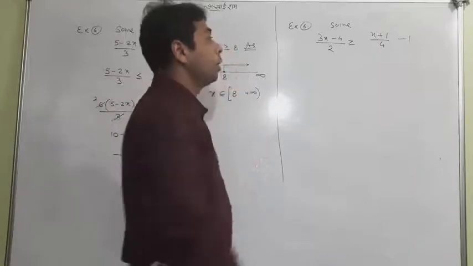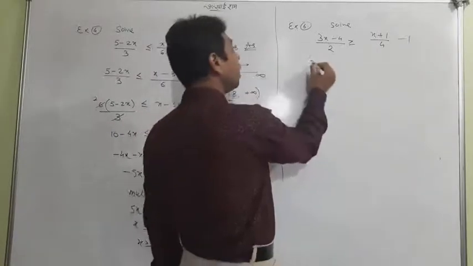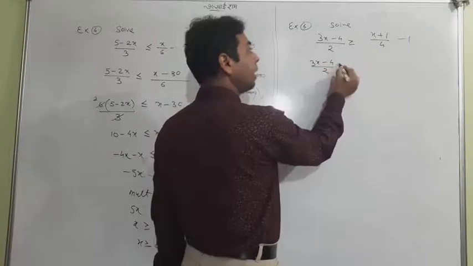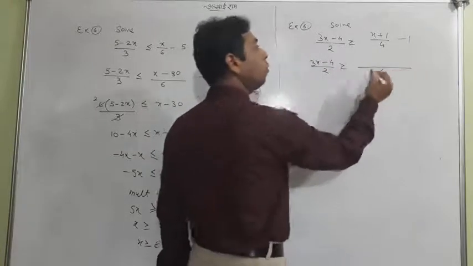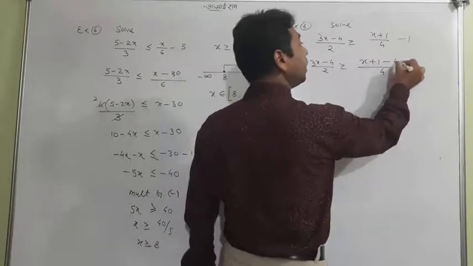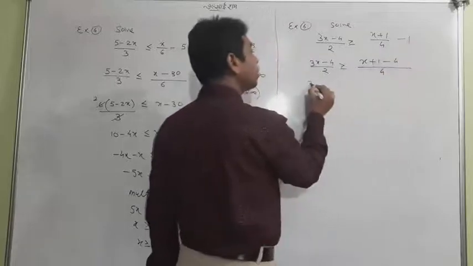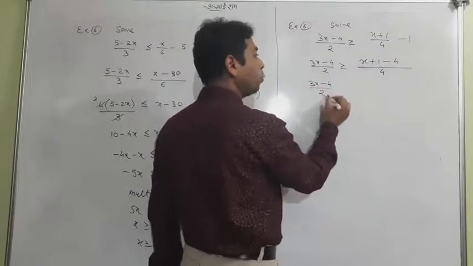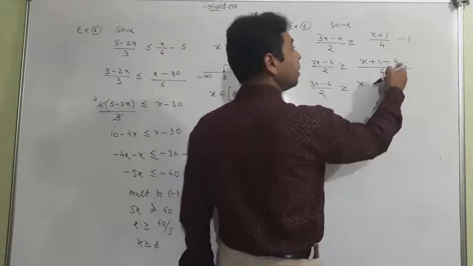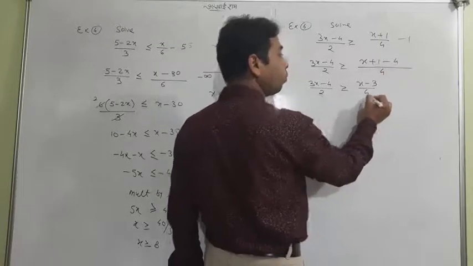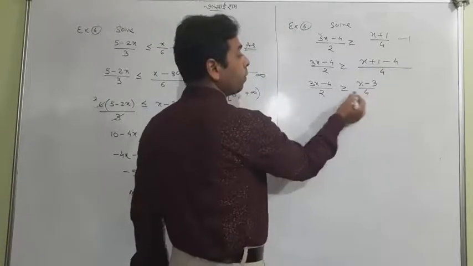What to do? Same as I did here. I'll take the LCM of these two, so 4. x plus 1 minus 4 will be there. (3x − 4)/2, this is x, and these two will be minus 3 upon 4. You can transfer 4 here.